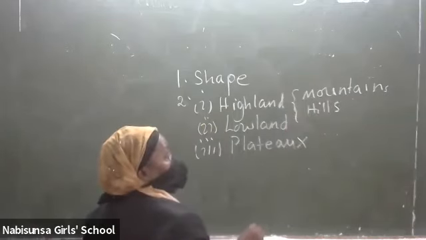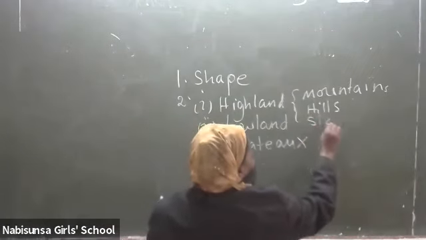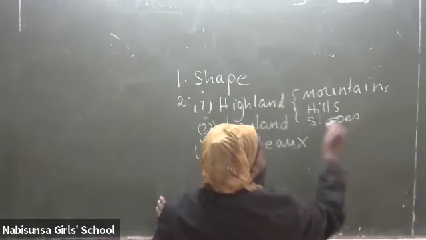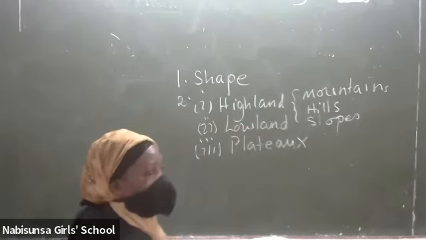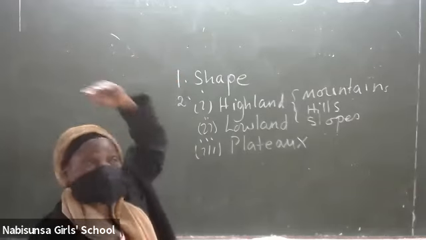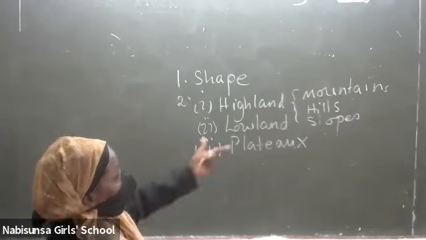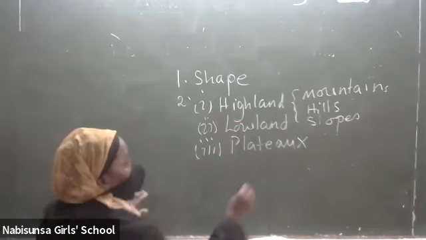We will have slopes. Slopes also are part of highlands. There are some highlands which have very steep slopes, which are very high up there. And we can put etc. here.